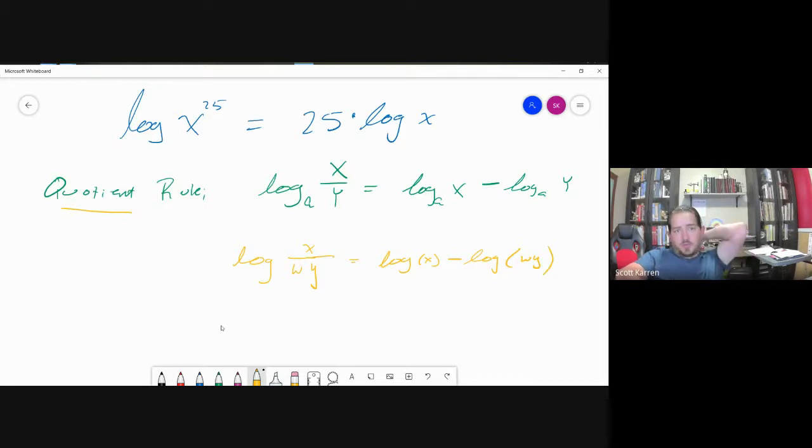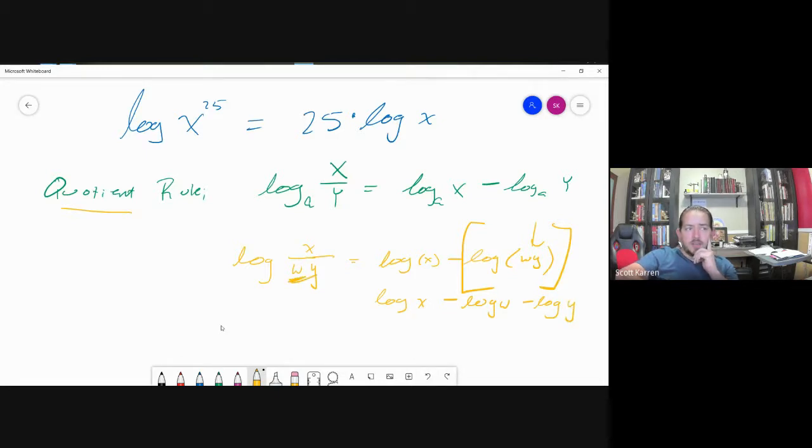But for log of wy, I can use the product rule here, and so I end up with log x minus, but that whole thing is being subtracted. So when I break it up into the log of w plus the log of y, that minus has to apply to everything. So be careful. It's minus log w and minus log y, right?